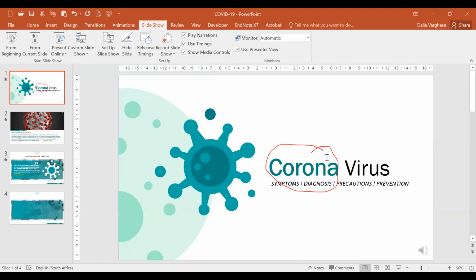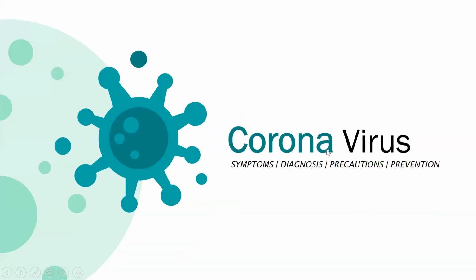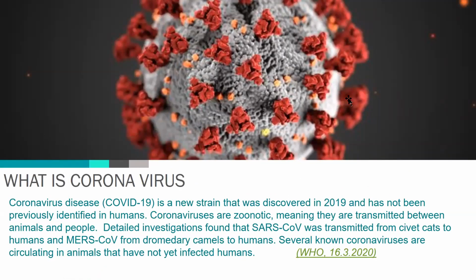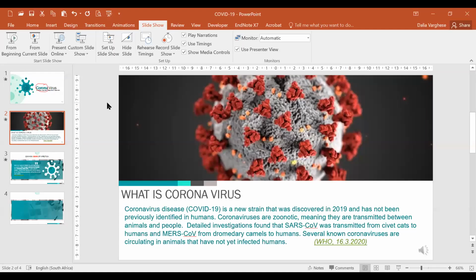I'm going to slideshow to see what I've recorded. So this is my first slide about coronavirus. So if I want to point out something, I can use the pen, or I can use a pointer to point out something. And once I'm done with that, I hope you got it now. Thank you, yes. Okay.